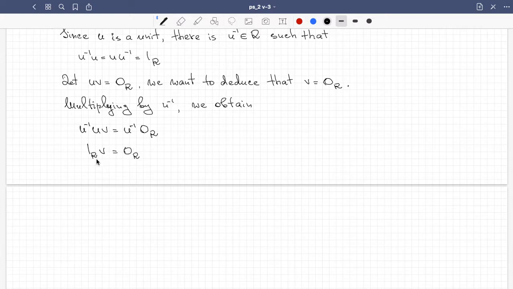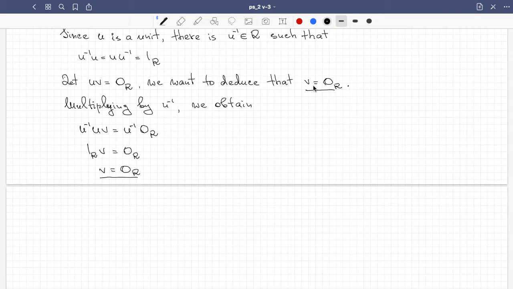Identity multiplied by any element of the ring gives this element, that's the requisite property of identity. So we did indeed deduce that V is 0. Thus, UV is 0 implies V is 0.